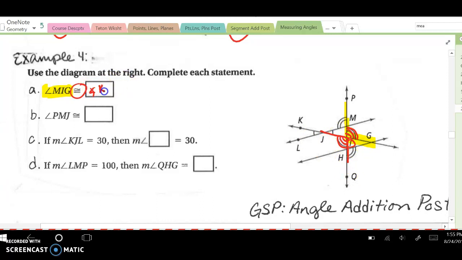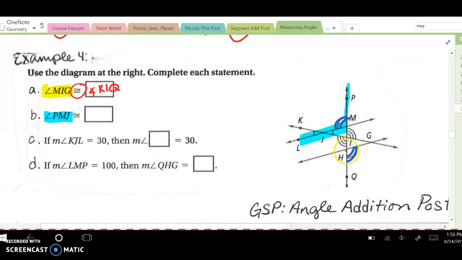I'm going to call it K-I-Q. But just so long as I is the middle letter, that's the important thing, and then you have 1 point on either side of that angle. All right, so let's try another one. Same picture, new question. This time we're talking about P to the M to the J. P, M, J. If I trace that, looks like that one has 2 rings, so I'm looking for another angle with 2 rings.